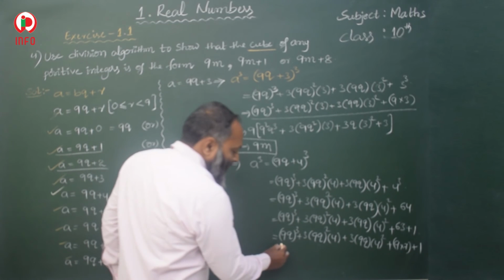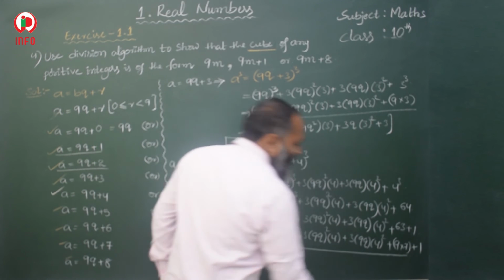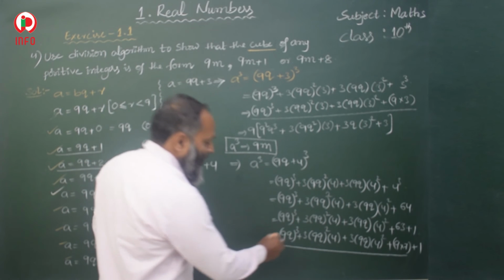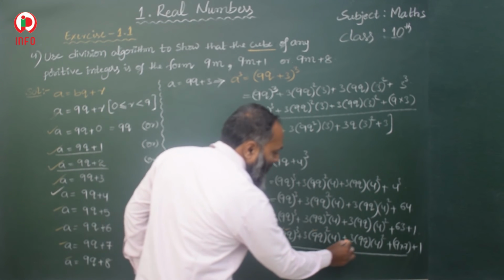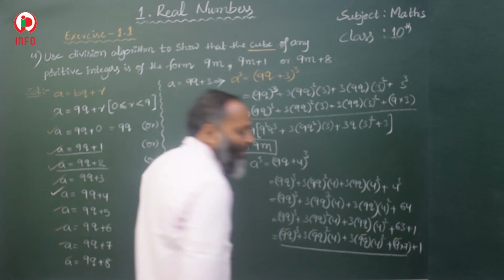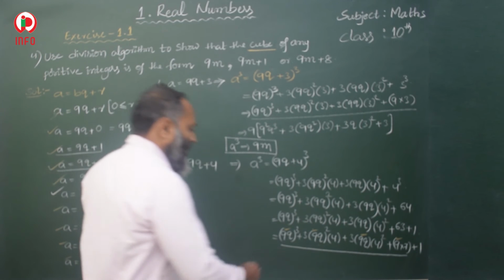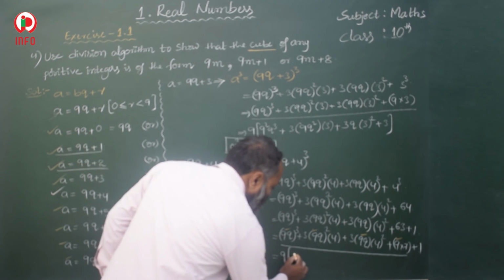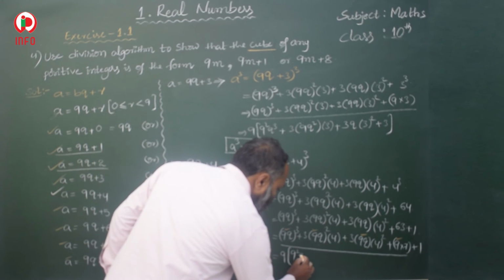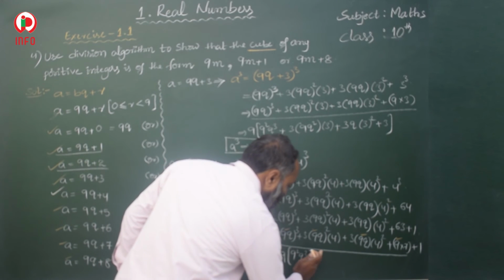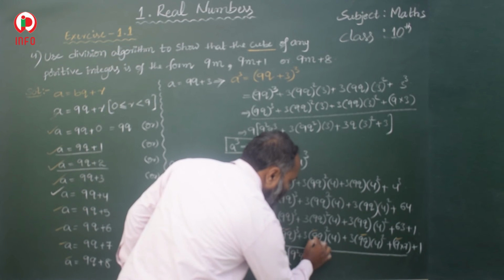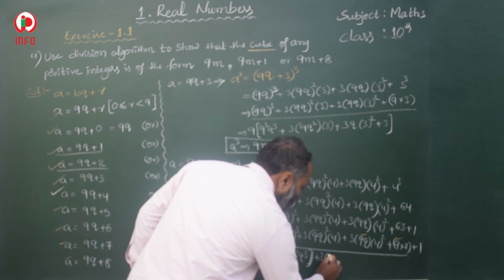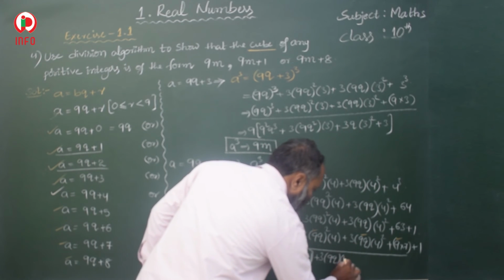So from here to here, we have 9 as a common. Here 9 is there, here 9 is there, and here 9 is there. So take 9 as a common. Here 3 9s are there, 1 9 common means 9 square and cube. Then after that 9 is common, 3 into 1 9 is left, 9 cube and 4.